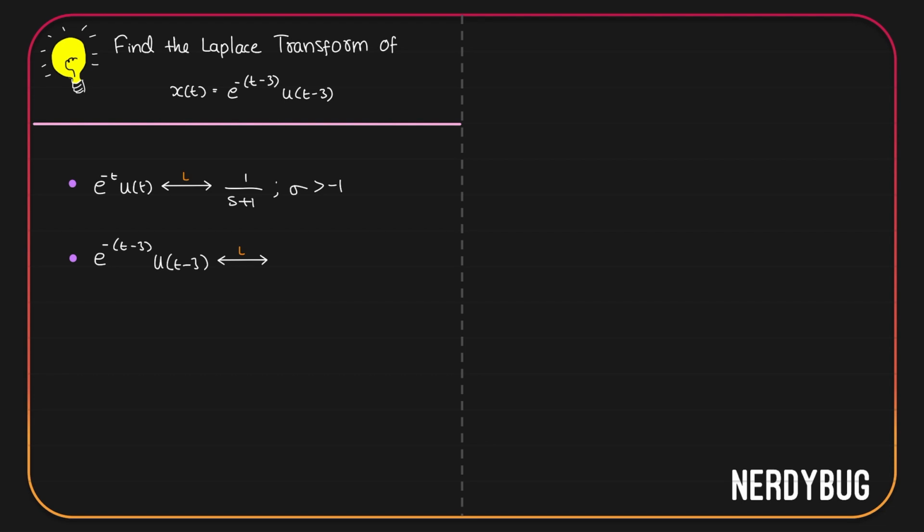Here t naught is 3, so we get e raised to minus 3s multiplied by the original Laplace transform 1 by s plus 1. And ROC is going to be unchanged, sigma greater than minus 1. So let's write it down. X of s is equal to e raised to minus 3s divided by s plus 1 for sigma greater than minus 1.